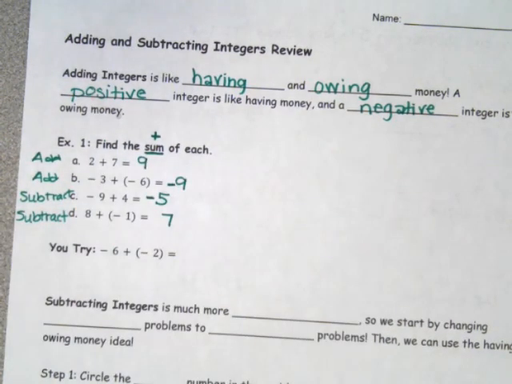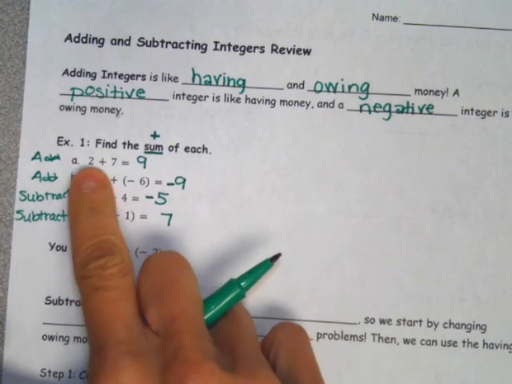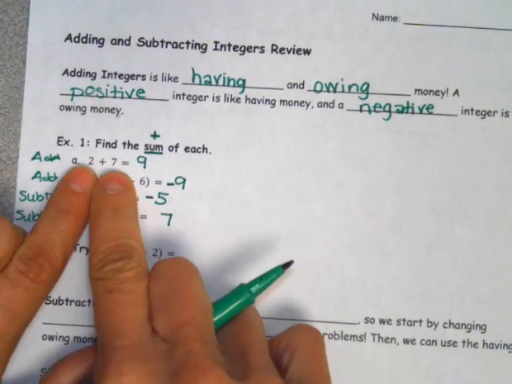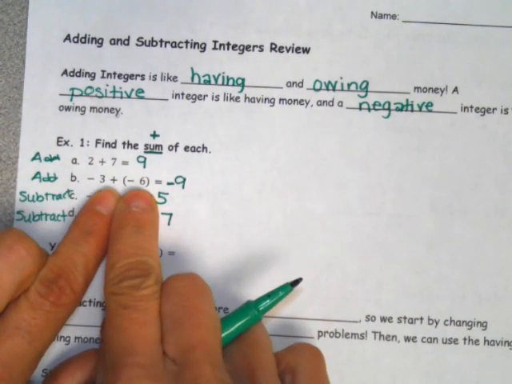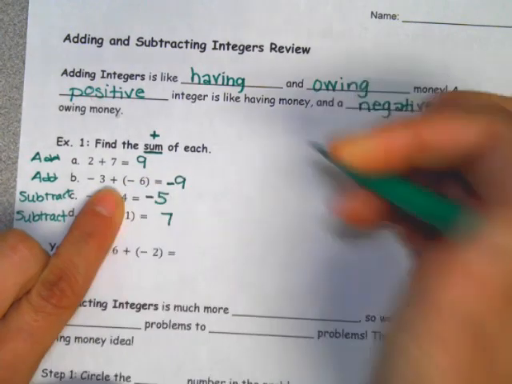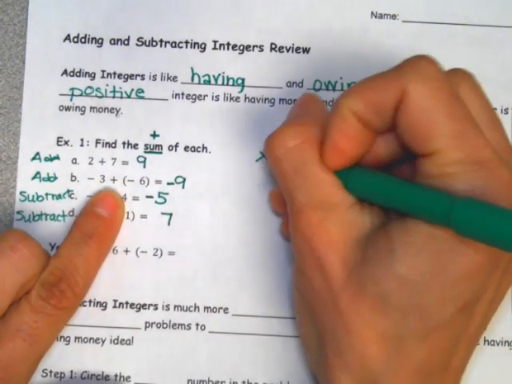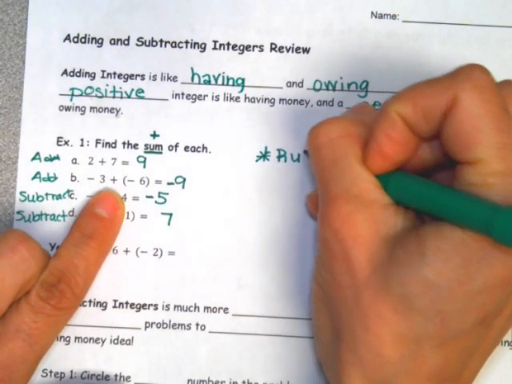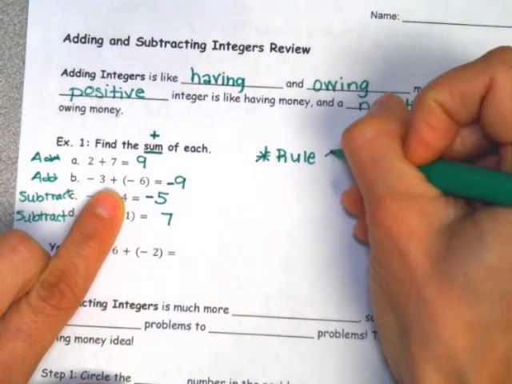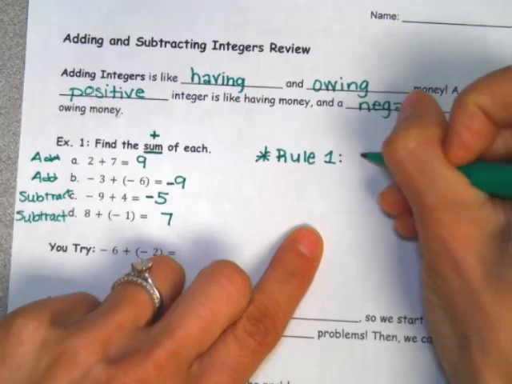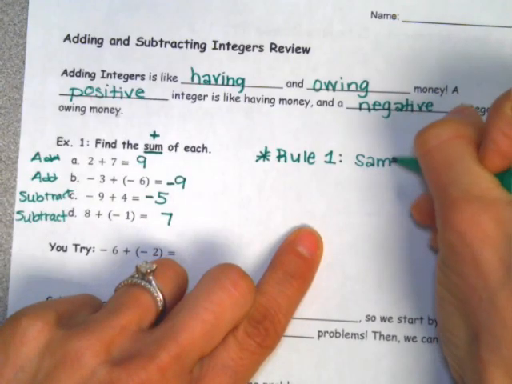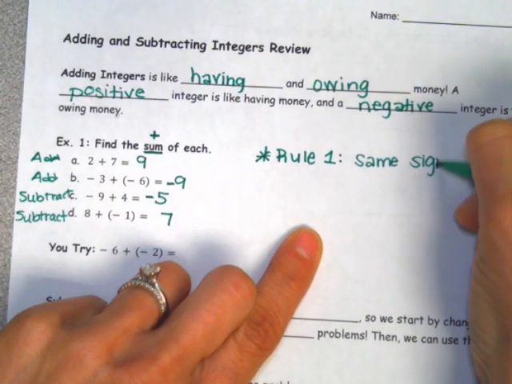All right, so what is the pattern here? The pattern in this case, if you have numbers that have the same sign, you have a positive and a positive or a negative and a negative, then you add. So this is the rule, we call it. Rule number 1 here is same sign, you add.